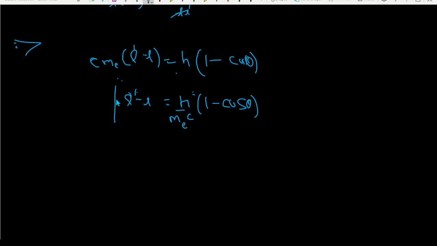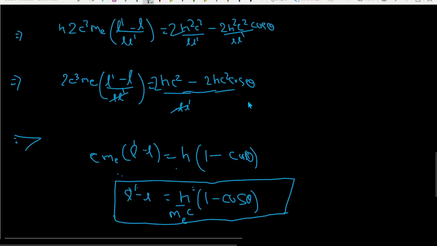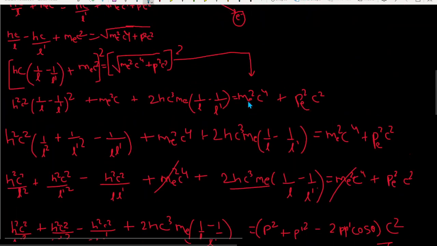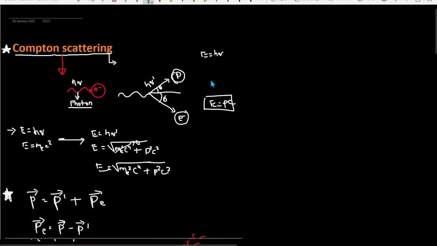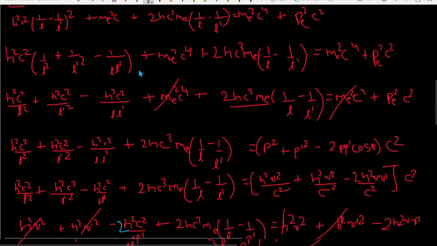So this is the shift in the wavelength of the photon. Remember that angle theta is the angle between the incident photon and the photon after the collision. So this is all about my video on the Compton scattering.